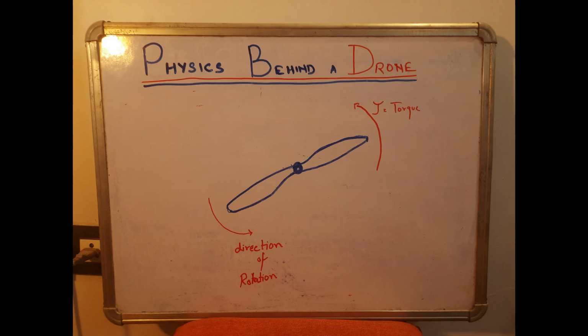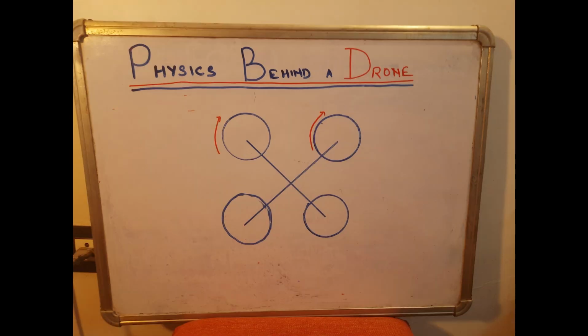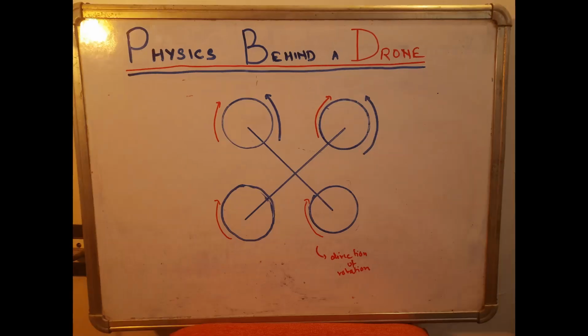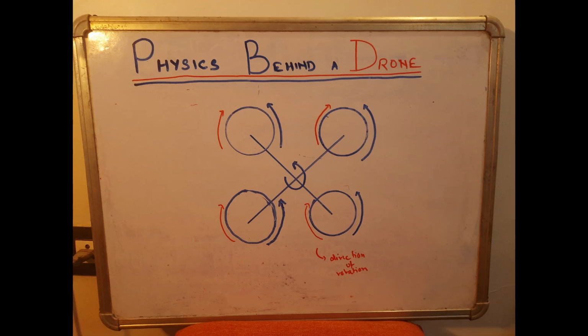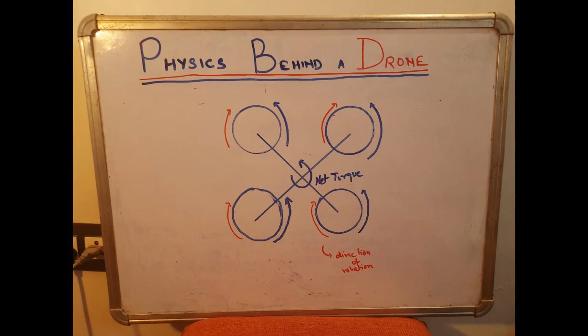That is torque. Now if all the motors were rotating in the same direction, we would have a net torque of, let's say, value x. The result would be that the drone is spinning in that direction without any control, and the user cannot actually control that drone.